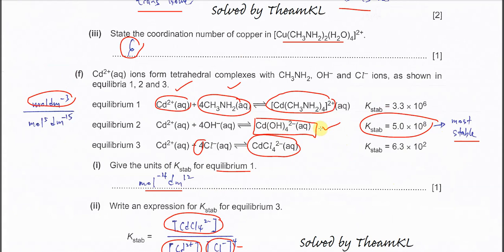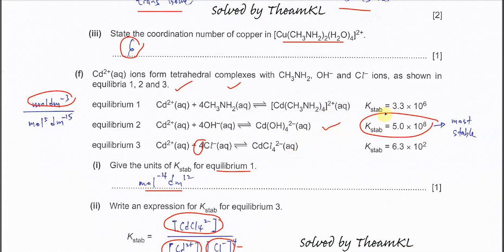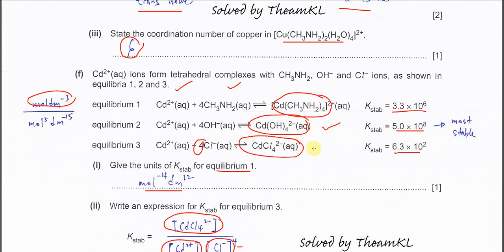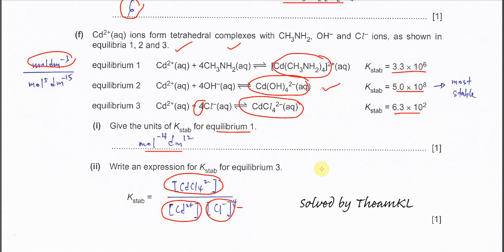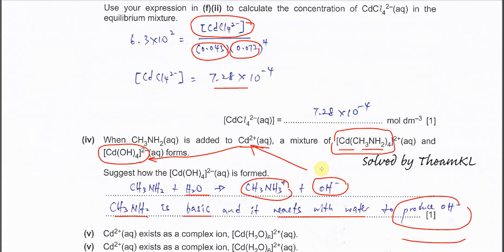And the least stable, it must be the cadmium with 6H2O. Why? Because all the Kstep here, as you can see, all the Kstep here is more than 1. All this means the concentration of all these complex is going to be more than the complex ion with the 6H2O. Means all these complex is much more stable than the cadmium with 6H2O, right?